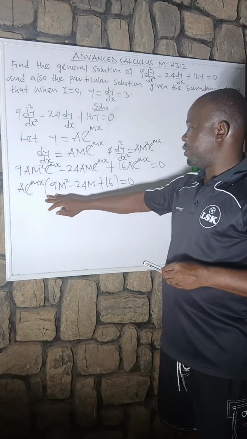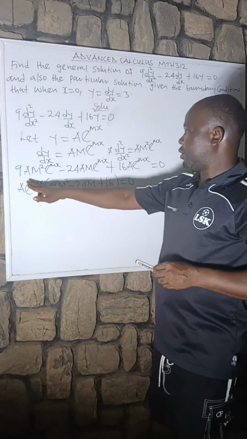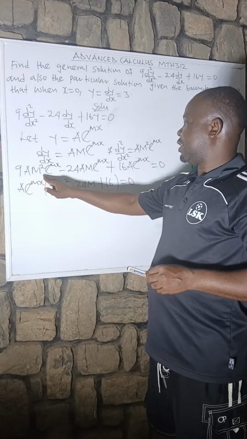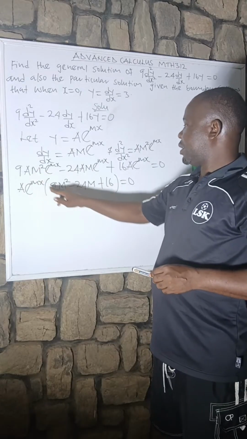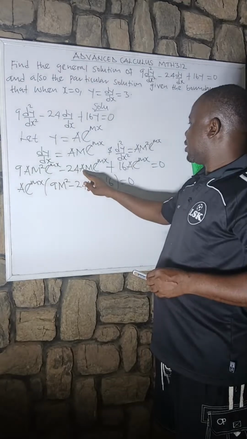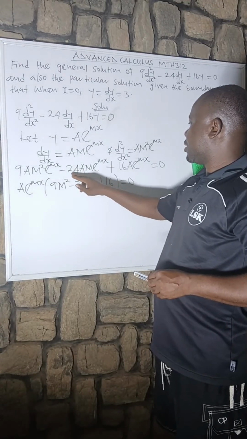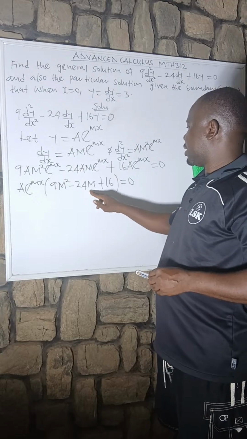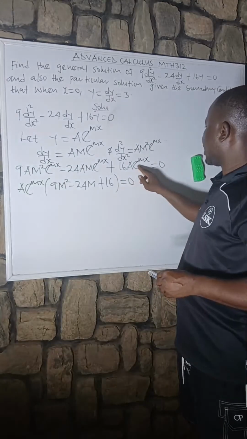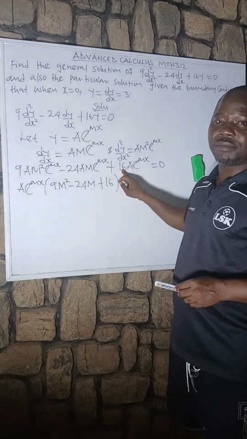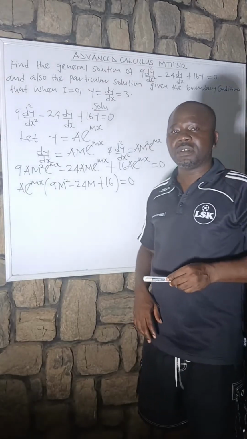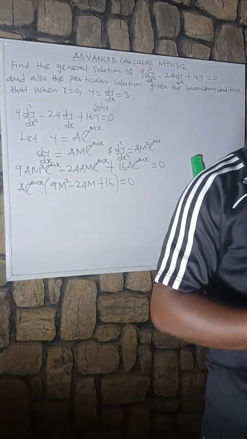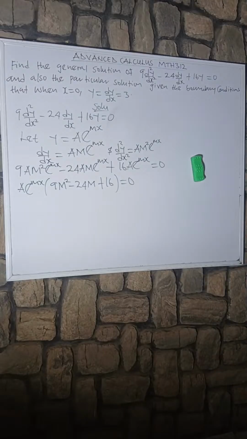Because if we factor out a exponential mx, 9m squared will remain here, then minus 24m will be here, and 16 will be here, equals 0. Any question? Please look at the board very well and ask your question. I'll be very glad to respond to you.